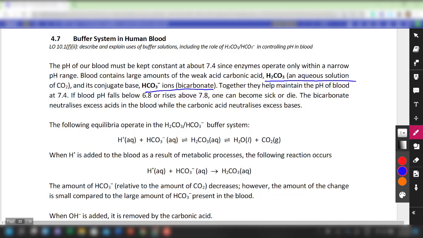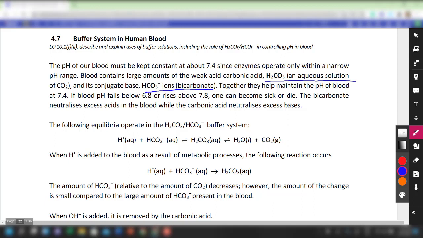The reason why our blood needs to maintain a relatively constant pH is because most of the reactions taking place in our body have an optimal range, or they prefer to work within a certain range, say between 6.8 to 7.8. Of course, again, these are all ballpark figures.